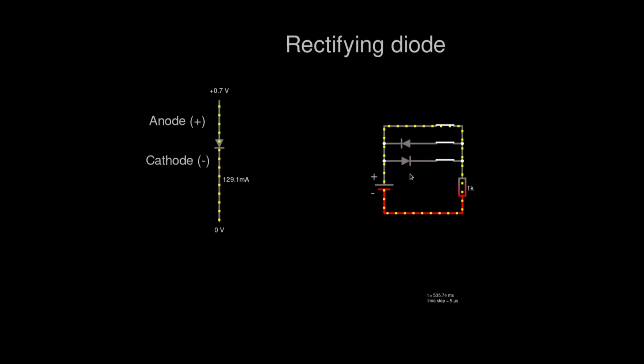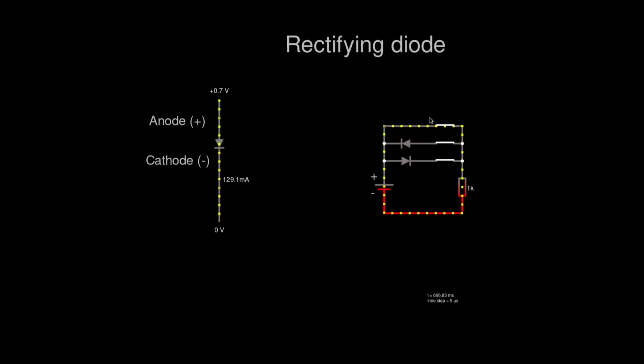And let's see, if I have DC over here, then the current is going through the resistor.